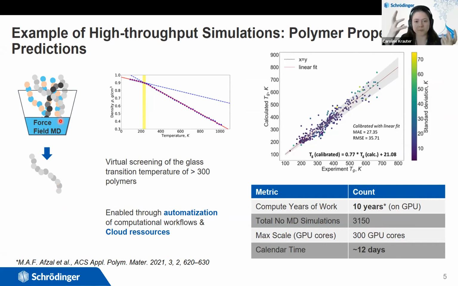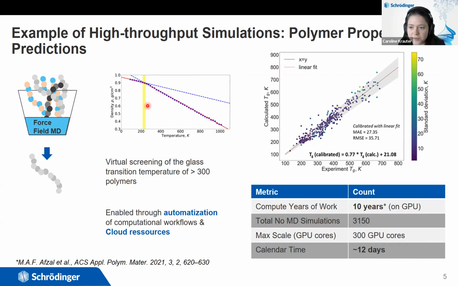We have ways of growing the polymers in an entangled way with Monte Carlo-based approaches, relaxing that with molecular dynamics, and then running a cooling protocol to get the density versus temperature plots and extracting then with an automatic fit the glass transition temperature.